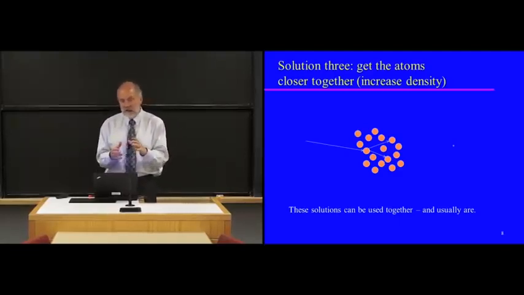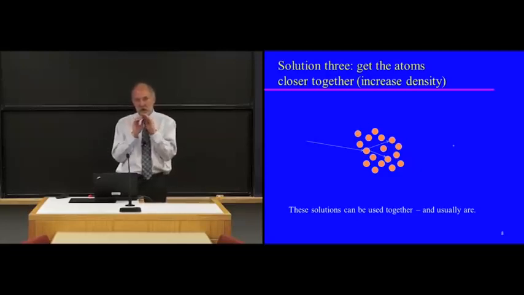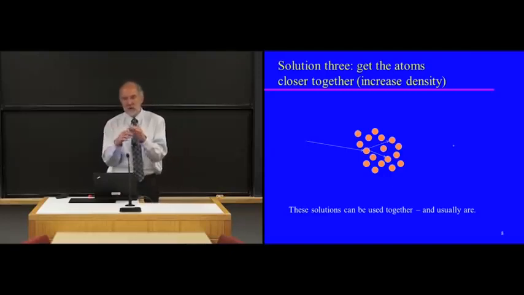So as you might imagine, if you want to have a critical mass with the least amount of material, and the material is expensive to produce and difficult to produce, as we'll talk about, you do want to use as little material as you can.